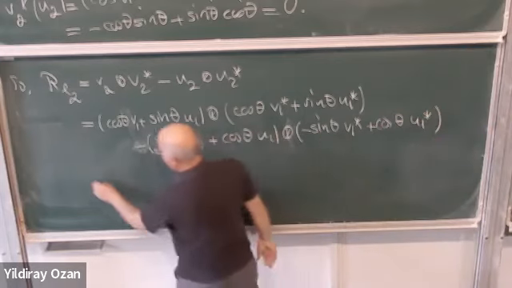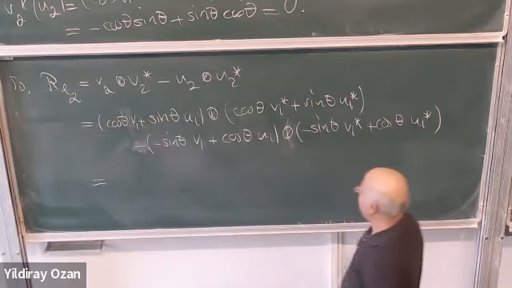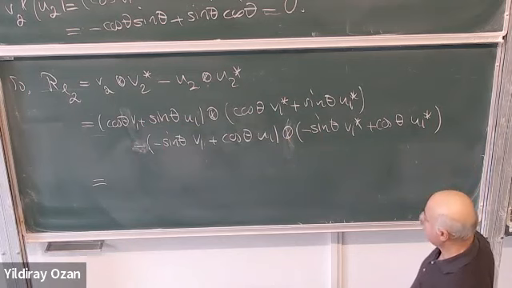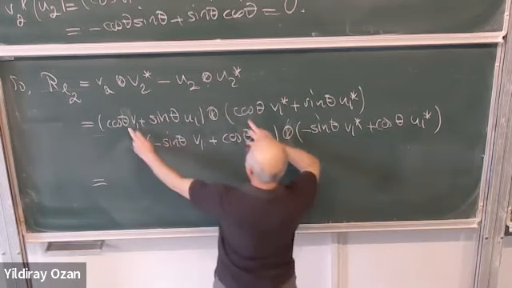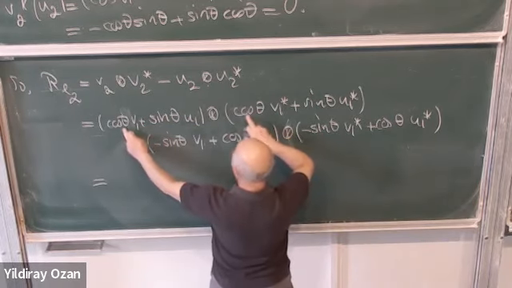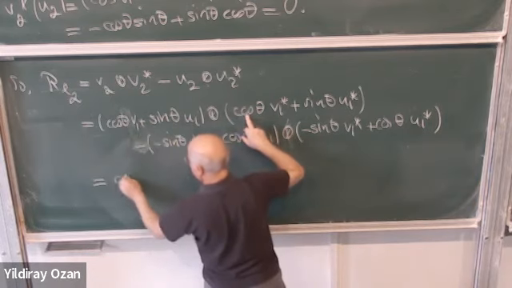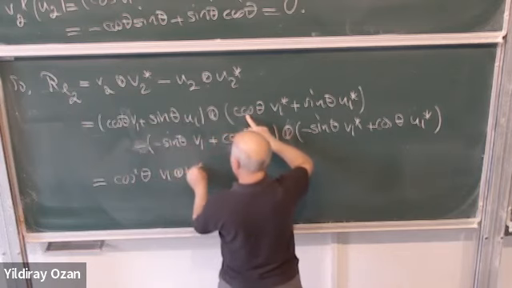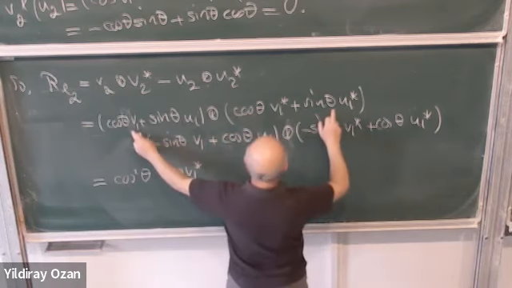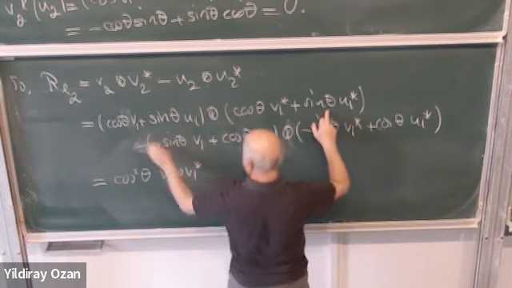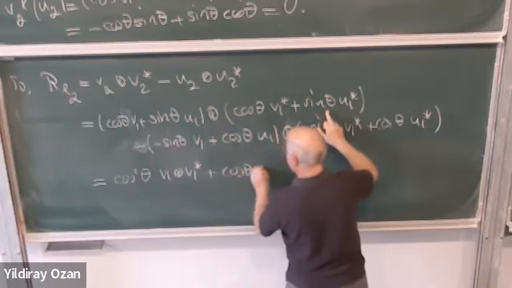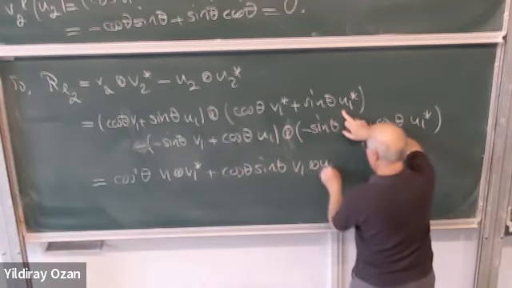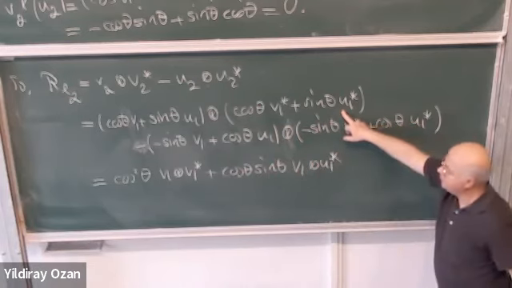So let's write this down. Now, first, what comes from here? Cosine square theta V1 V1 star, and then cos theta sine theta V1 U1 star. Right?